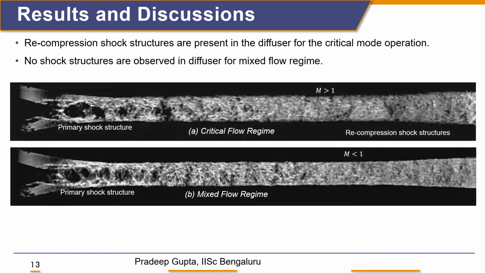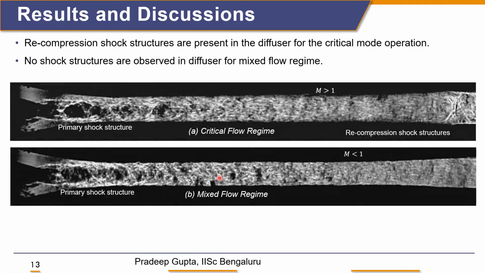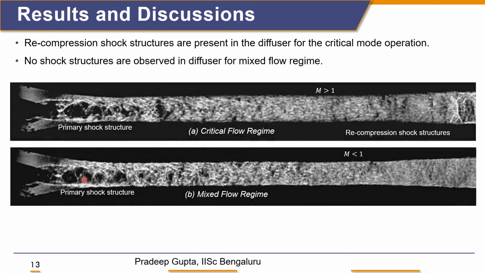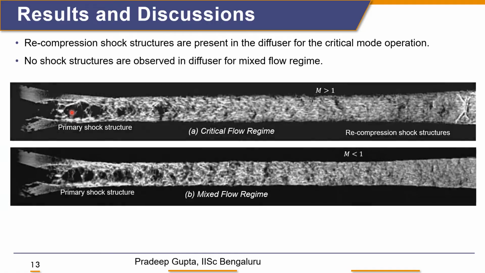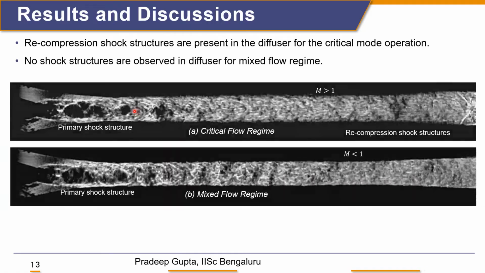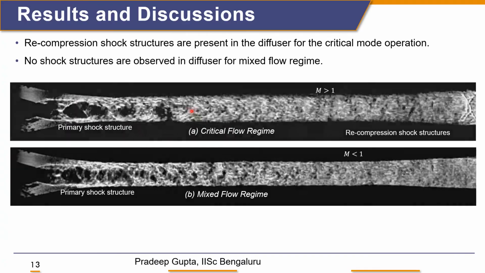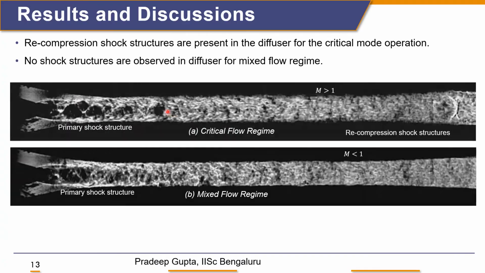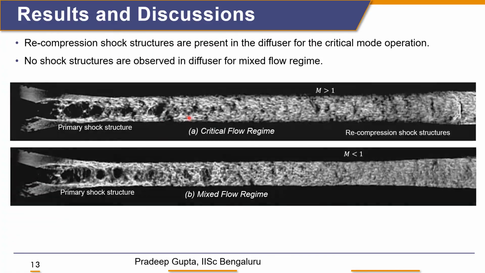Now we can see the flow structures in the critical flow region and the mixed flow region. So we can clearly see that the shock strength in this is very high, because with the Schlieren we can see the strength of the shock in the mixing cylinder for the critical flow region is high. That's why we have the low pressure in this one.